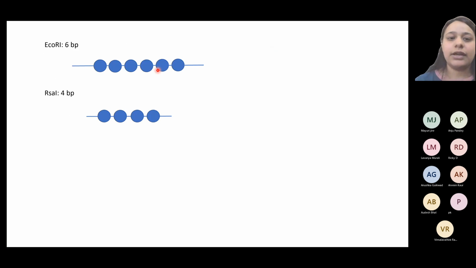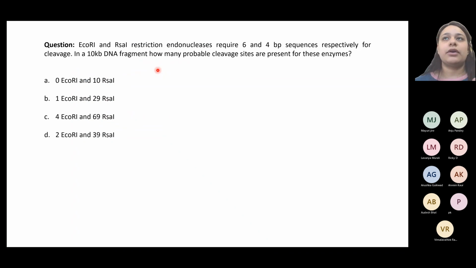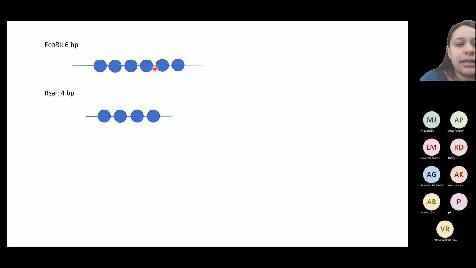We do not need to remember the restriction sequence for EcoR1 or RSA1 in this example. So we can just say EcoR1 recognizes a 6 base pair sequence where it will cleave, and RSA1 will recognize a 4 base pair sequence where it will cleave.